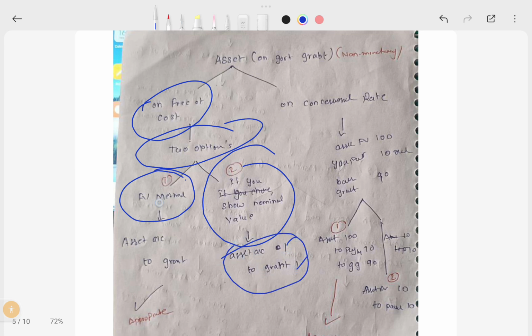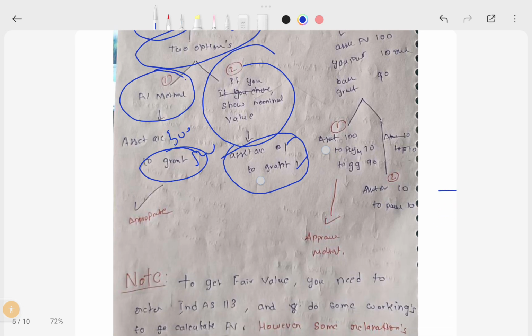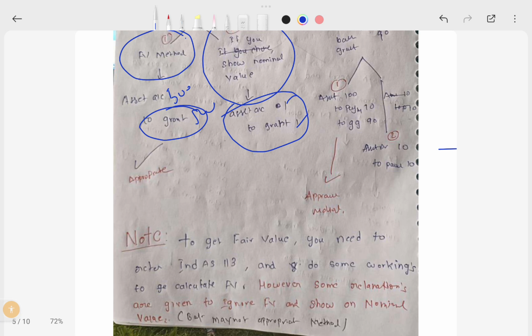If you want to show the fair value method, asset 500 crores to government grant 500 crores, and this is again deferred income, and you should create this as future income for the next 5 to 10 years based on the conditions they mentioned in the grant conditions.